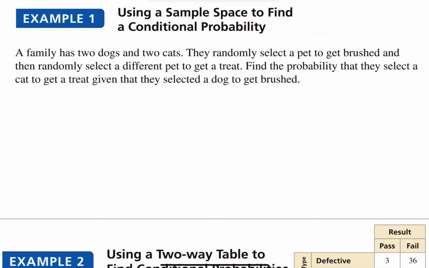They randomly select a pet to get brushed first. So we've got dog 1, dog 2, cat 1, and cat 2. And then they randomly select a pet to get a treat after they pick the pet to get brushed. After dog 1, we could have dog 2, cat 1, or cat 2.